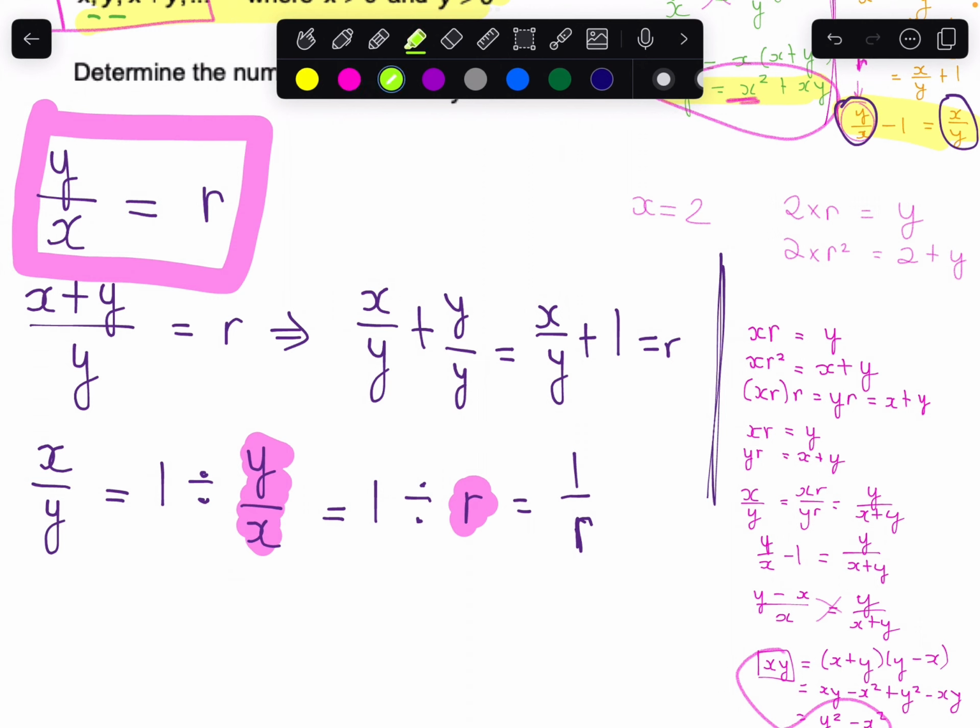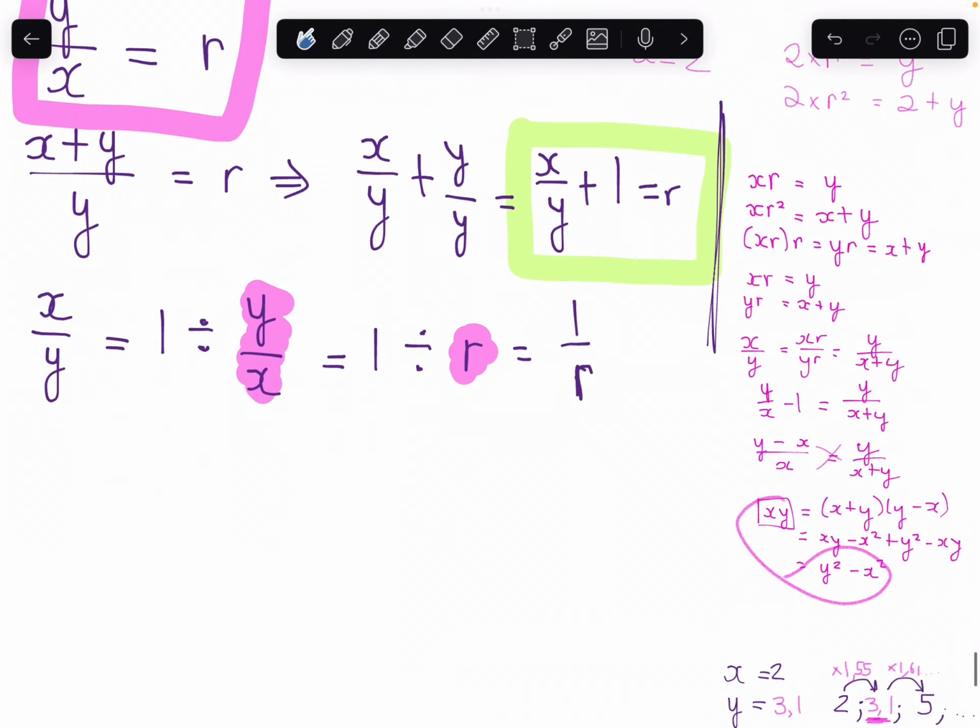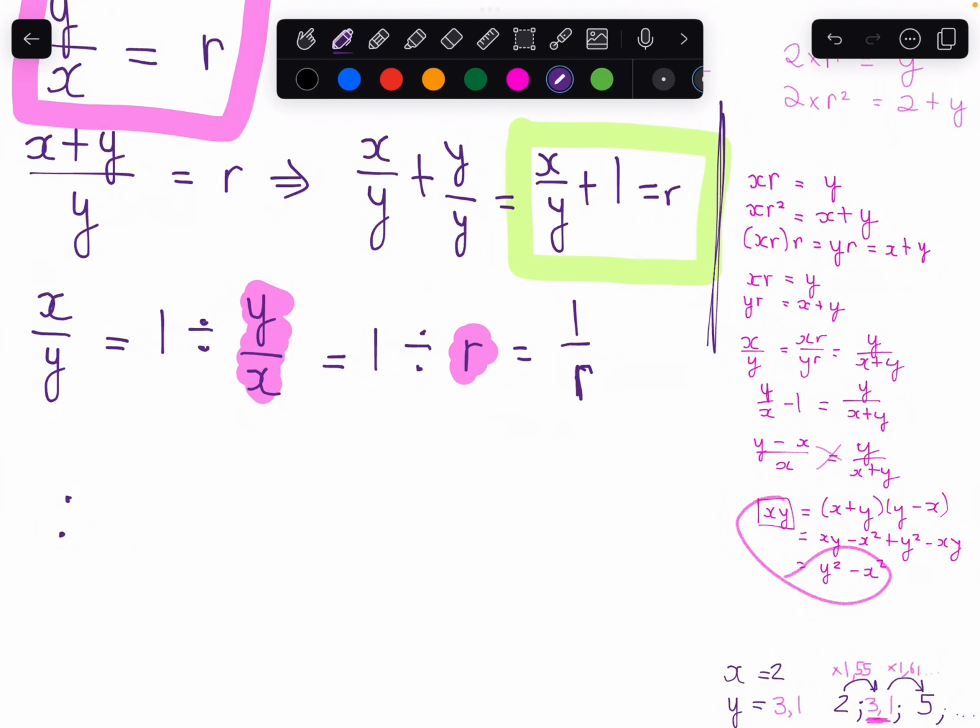Now we are going to take this equation and say therefore x over y, which is the same as 1 over r, gives us 1 over r plus 1 is equal to r. So we are using the green equation to replace the x over y.